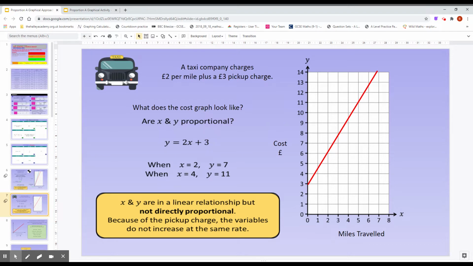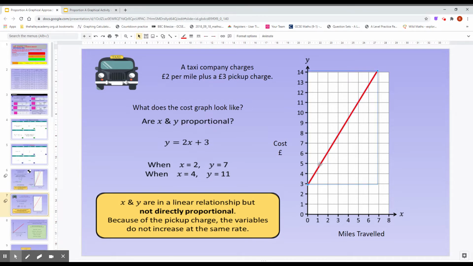Now, if we try to convert this into an equation, for 0 miles, it will be £3 because there is a standard pickup charge of £3. And for every mile, it'll be £2. So for 1 mile, it'll be £3 plus £2 per mile, which would get to £5.